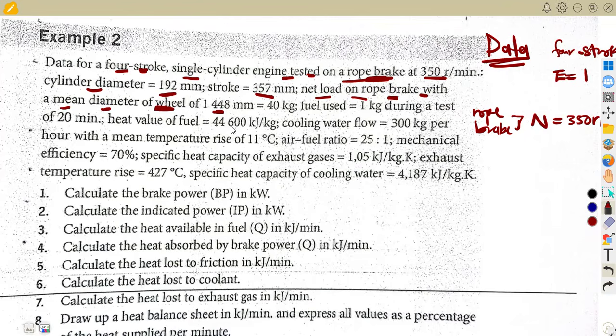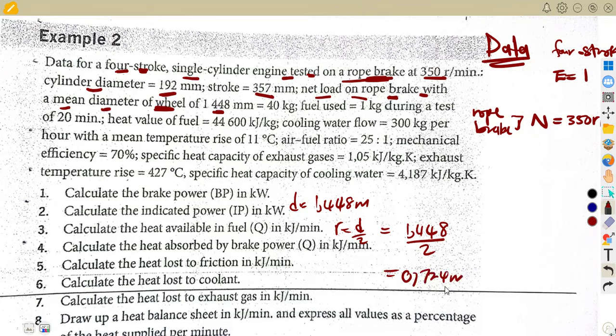If we divide by 1,000, that is 1.448 in meters. But remember, the moment you're given this, we're supposed to be talking of the radius, which is diameter over 2. So that's 1.448 over 2. Why am I talking about the radius? That is the one that we need to calculate the torque. So that will be 0.724 in meters.